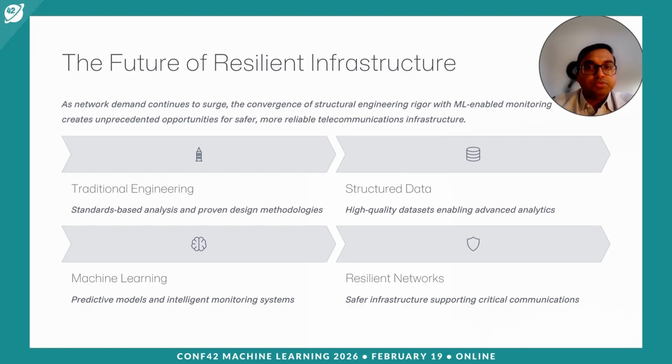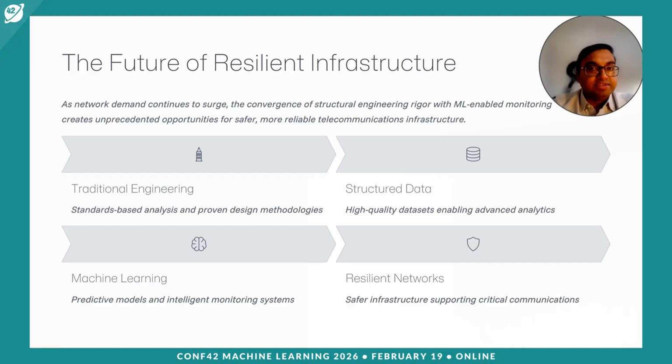Structured data transforms isolated analysis reports and inspection findings into queryable, analyzable datasets. This is the enabler that bridges traditional engineering with modern technology. Machine learning takes structured data and builds predictive models and intelligent monitoring systems that can identify patterns humans would miss across thousands of towers and millions of data points.